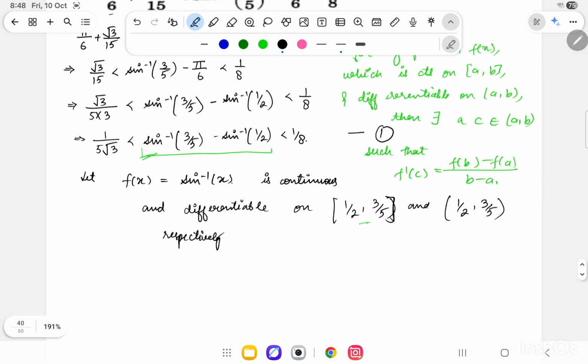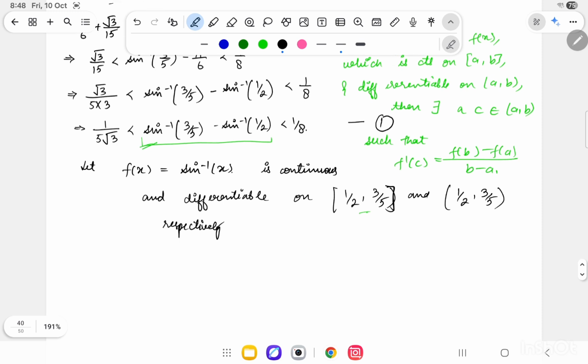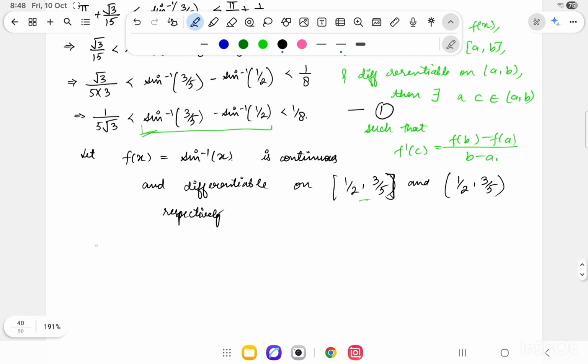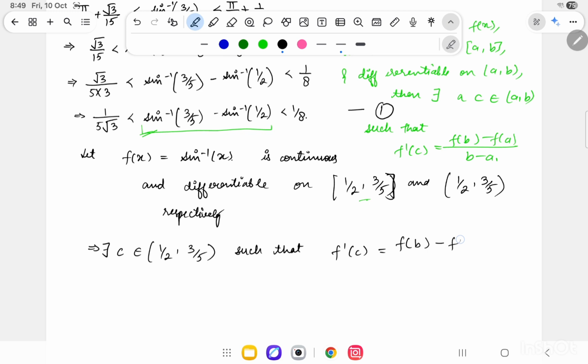So let's see. Since the function f(x), that is sine inverse x, satisfies all the necessary conditions to apply the mean value theorem, there must exist a c in the open interval 1/2, 3/5 such that f dash c is equal to f(b) minus f(a) divided by b minus a.